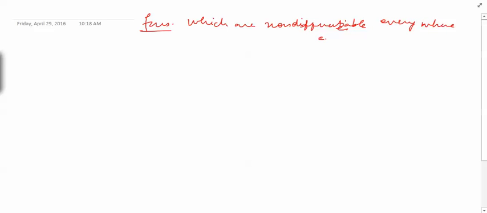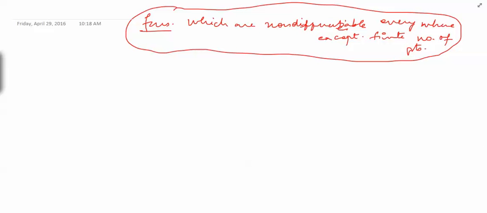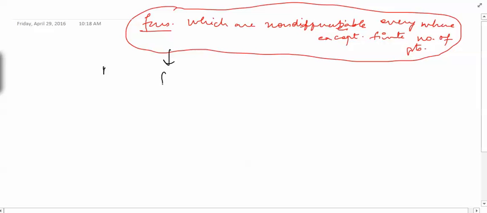So it means that we can have functions which are non-differentiable everywhere except at a finite number of points, right? We used to have such functions in real analysis also. But most of the theorems of real analysis, and similarly most of the theorems of complex analysis, will work if your function is differentiable at least on an open interval in real analysis, and at least on an open set in complex analysis.